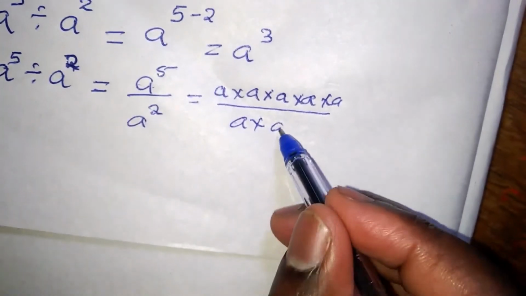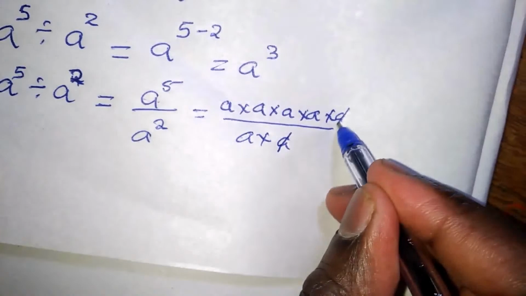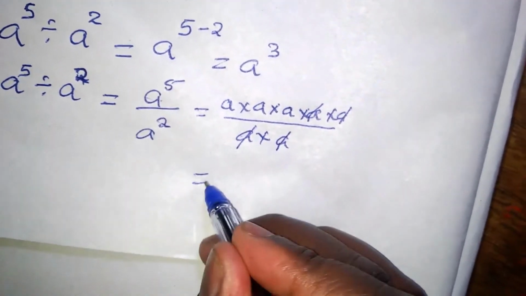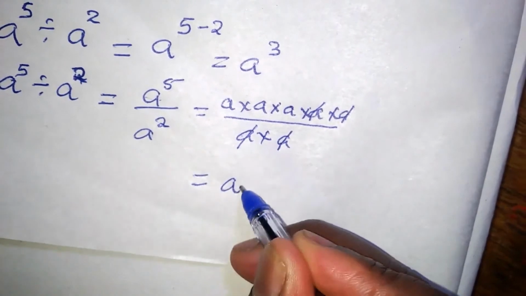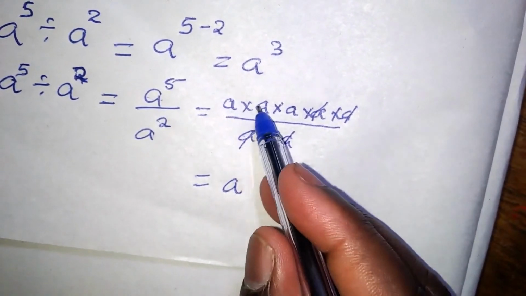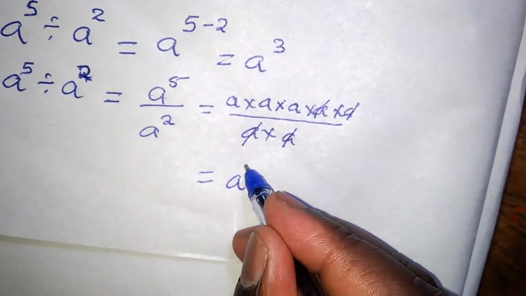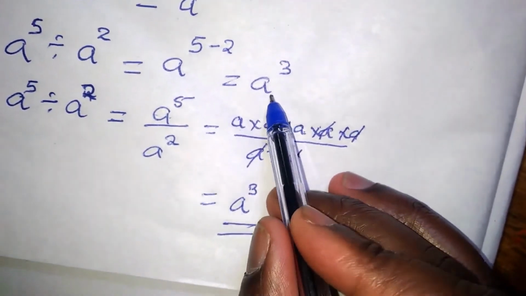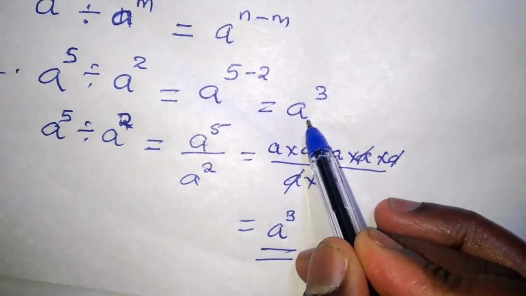Now look here, if you cancel this out with this and this out with this, you will be left with 3 a's at the numerator, and so we can say a times a times a is a^3, or simply a cubed, which is the same answer we have up here.